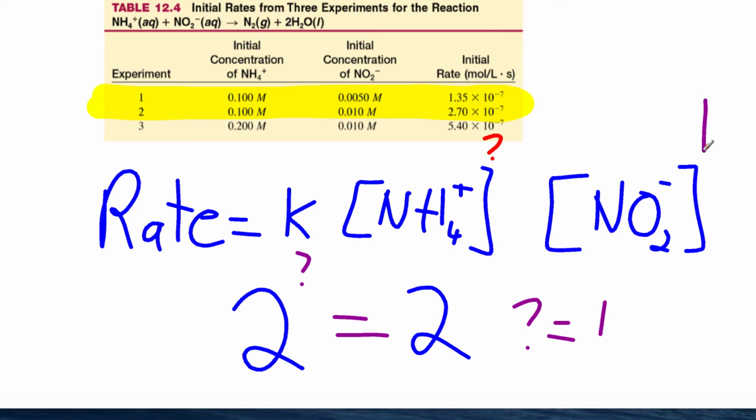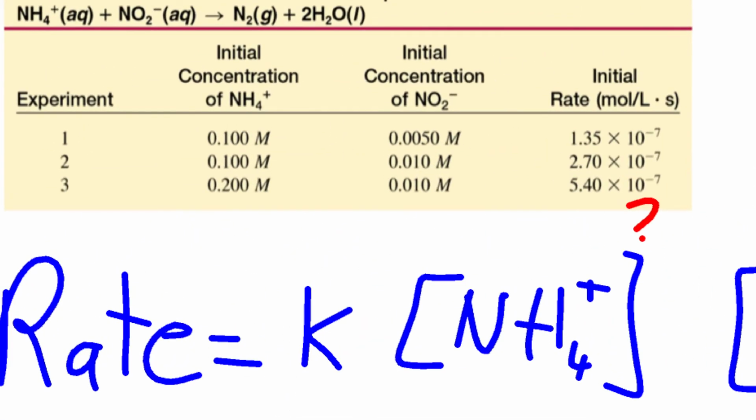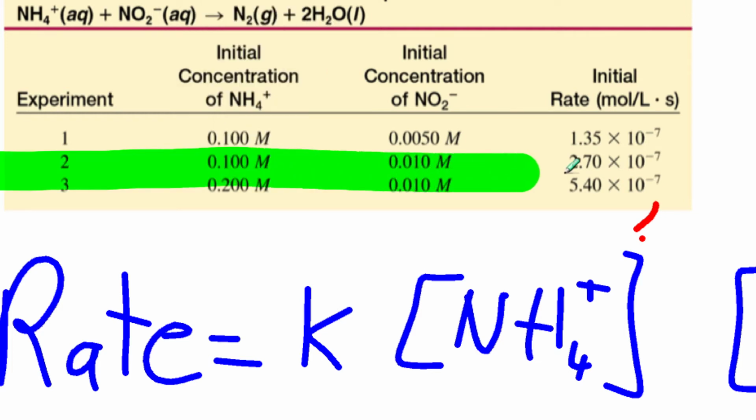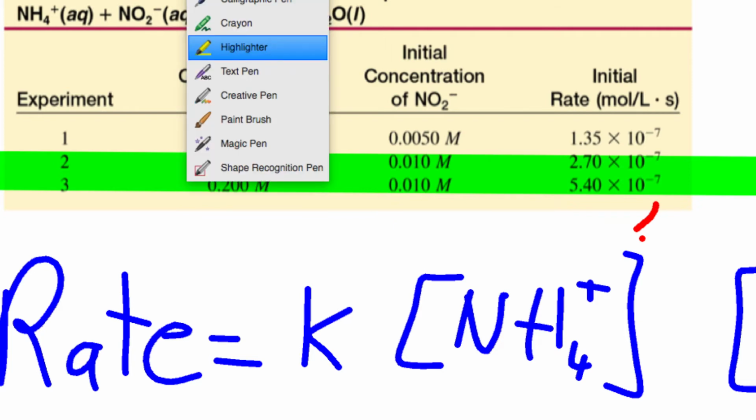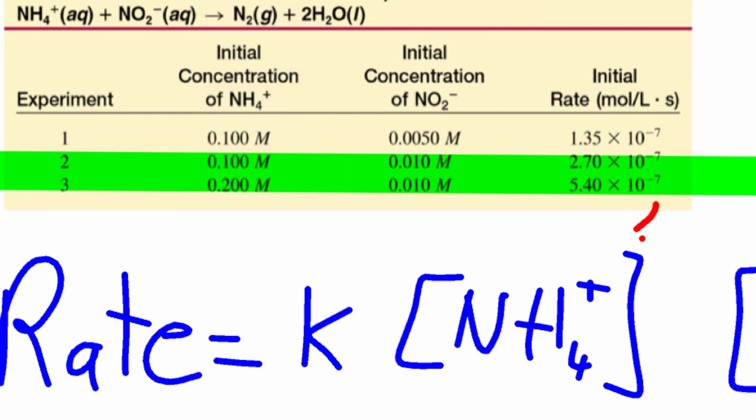Let's see if we can do the same thing for the NH4. So you need to find 2 experiments where the NO2 is the same and yet the NH4 changes. And once again, you were right. Experiments 2 and 3 show that NO2 stays the same, but NH4 doubles. Let's go back to our handy dandy trick that we had before.